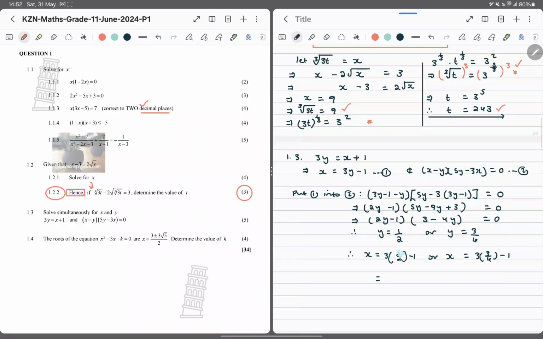Now, this is 3 over 2. 2 times 1, that's 2. 3 minus 2, that's 1 over 2. So that's a half. One can think of it as 3 halves minus 1 half. So 3 halves minus 2 halves, because 1 is 2 halves. So that's just 1 half.